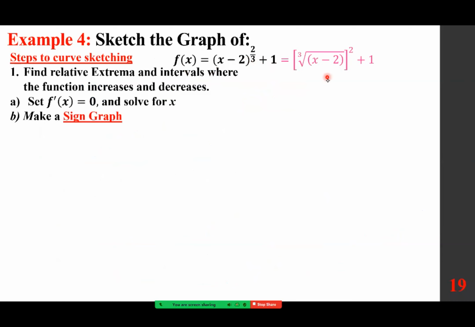So going from here to here is elementary algebra. If I want to graph this, I'm going to use one of the elementary functions, and that elementary function would be the cube root of x. And you remember the cube root of x looks like this. Domain and range are all real numbers.